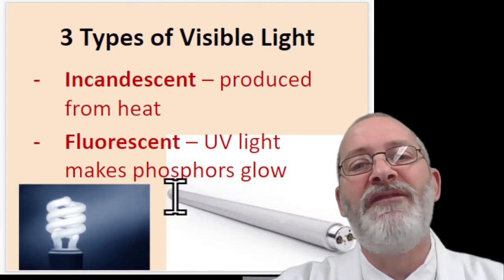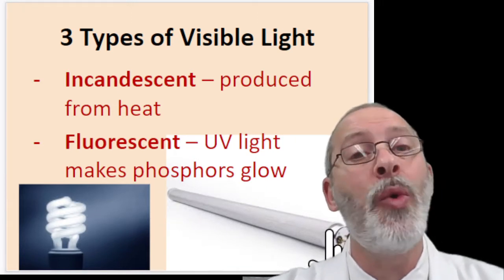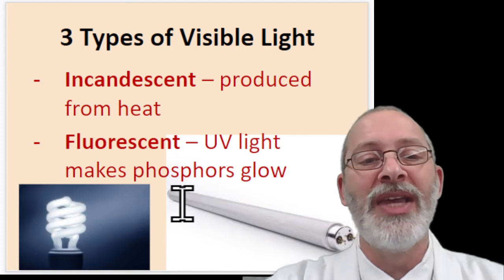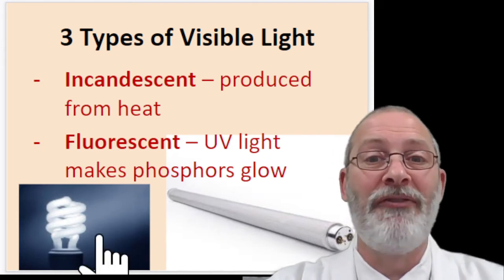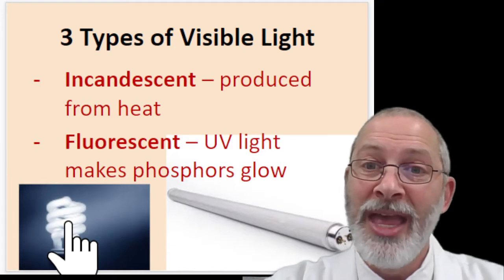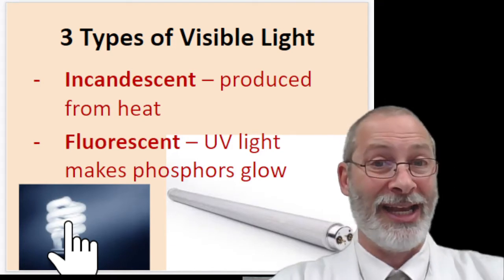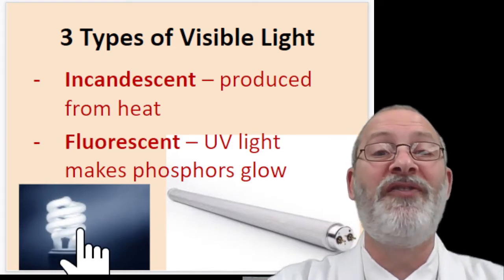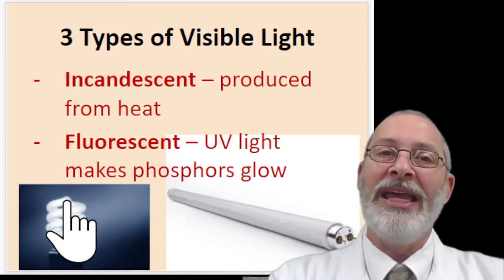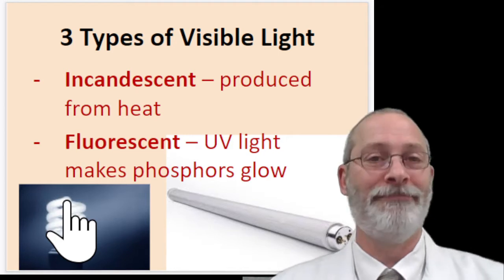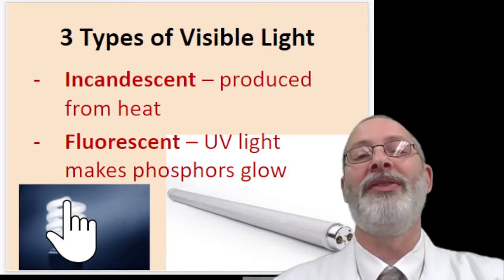There is a phosphorescent powder that is coating the inside of the glass of fluorescent bulbs. And the ultraviolet light makes those phosphorescent chemicals glow in a different wavelength of light, visible light, that enables us to see.